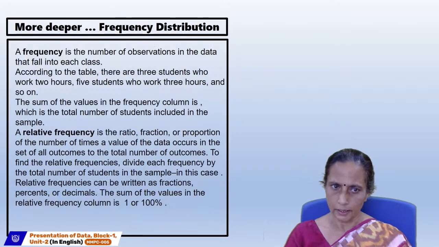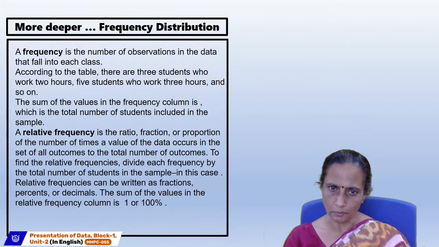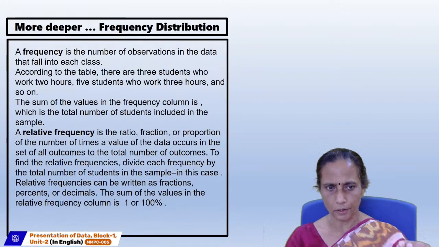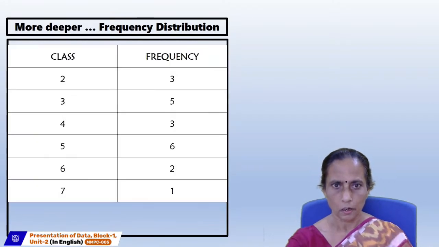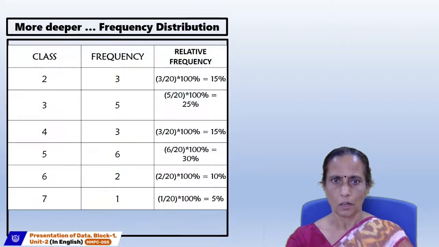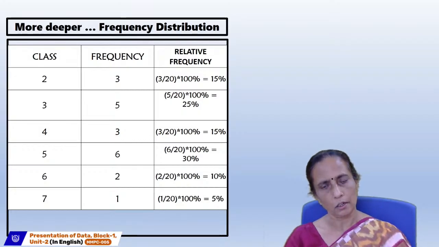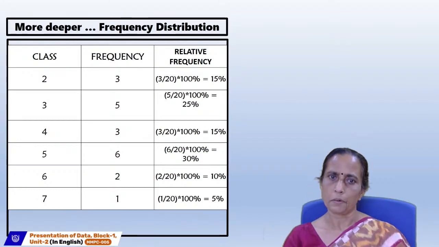What is the relative frequency? It is the number of times a value of the data occurs in the set of all outcomes to the total number of outcomes. The number of outcomes of that particular class, where the number of hours is 2, is 3. So our relative frequency of that is 3 by 20 into 100%, that is 15%.